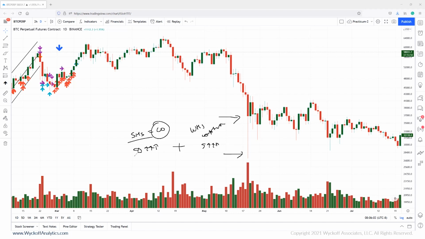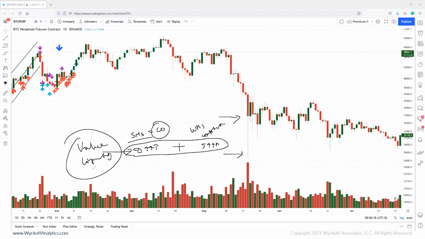The combination of both, where demand is increasing a lot and supply is increasing a lot at the same time for different reasons. By the way, for the CO, this reason is going to be value and liquidity itself. Liquidity from weak hands, there is a lot to buy, and at the same time long-term value, so they're buying. This is what creates those volume spikes that we're seeing so often as a stopping action.